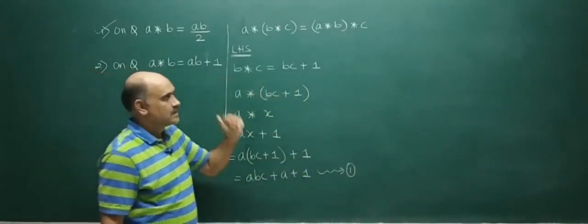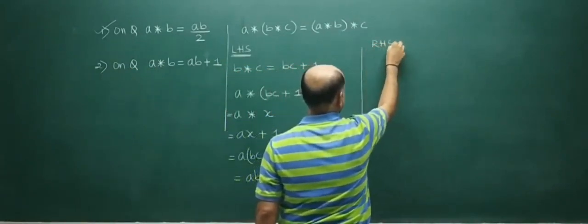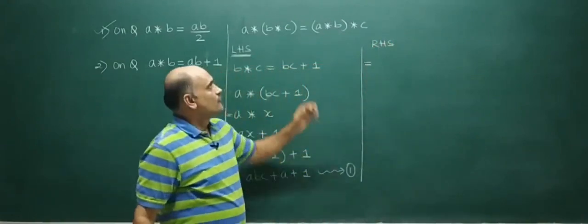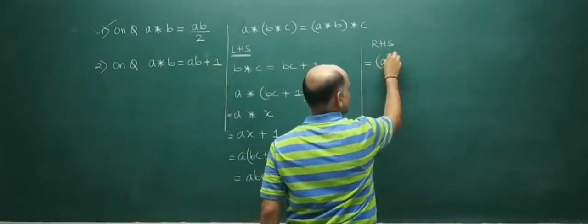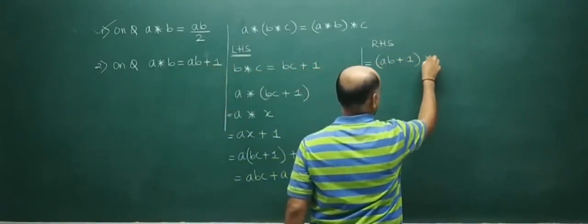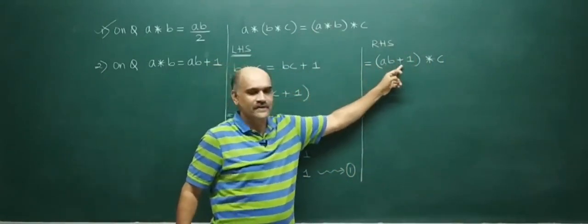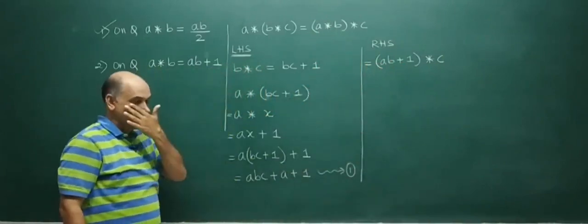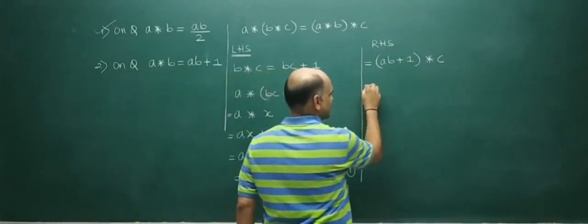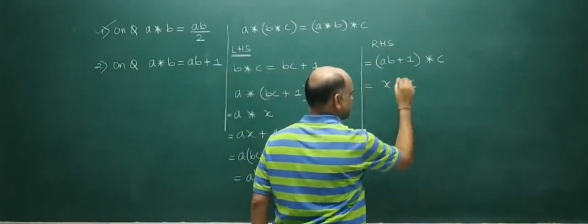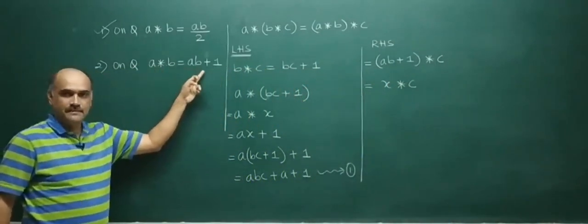Clear, students? Now if I take RHS, first I am required to solve A star B. So A star B will be AB plus 1, star C. First I will solve this bracket. Again to make it easy, you take AB plus 1 as X. So I will take this as X star C. Now again apply the formula.